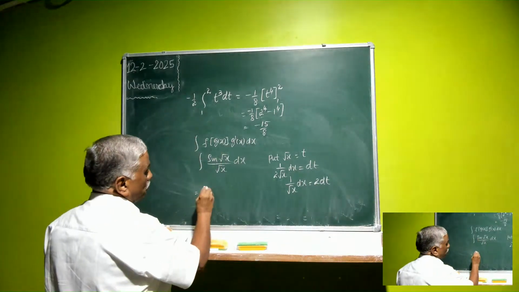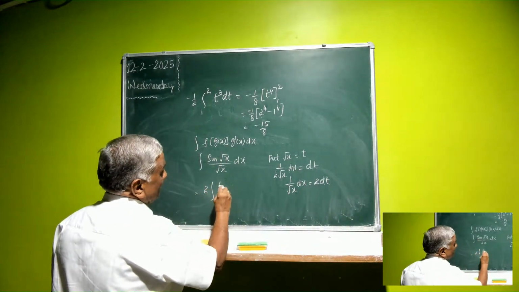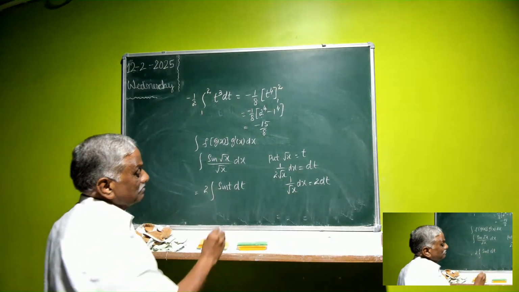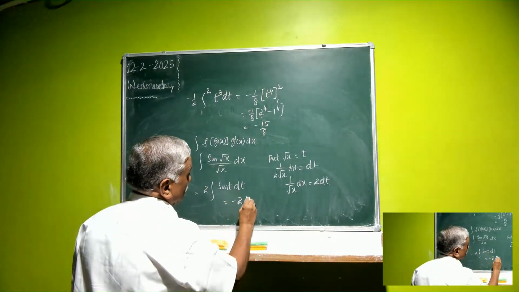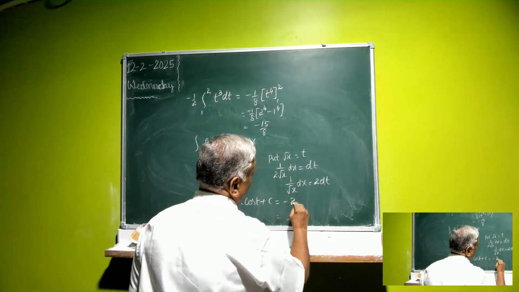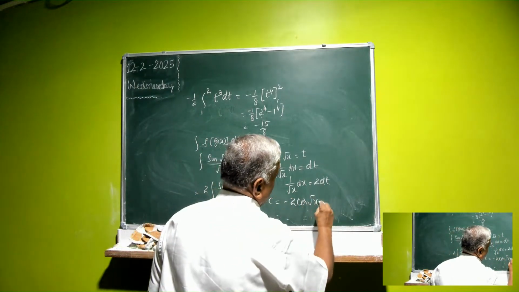So this is 2 sin t dt. Integration of sin t is minus cos t. Minus 2 cos t plus c. What is t? Minus 2 cos root x plus c.